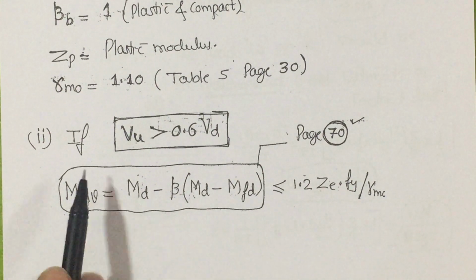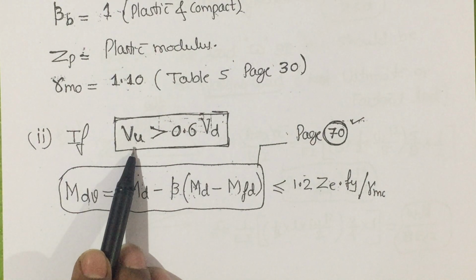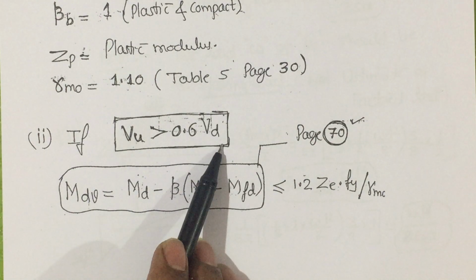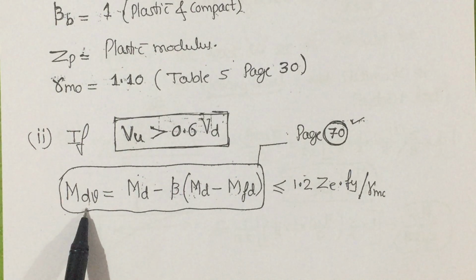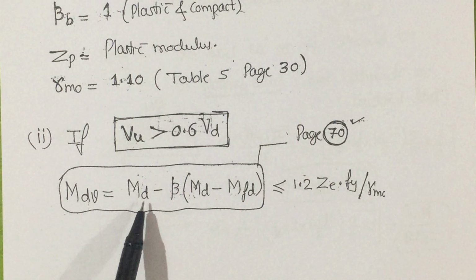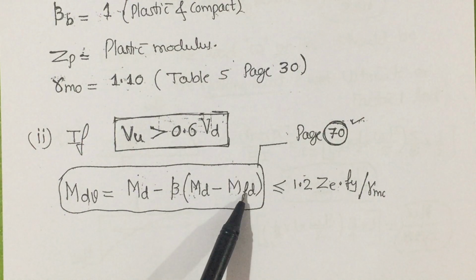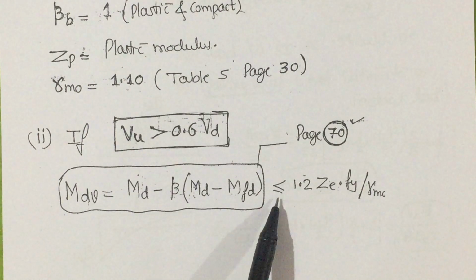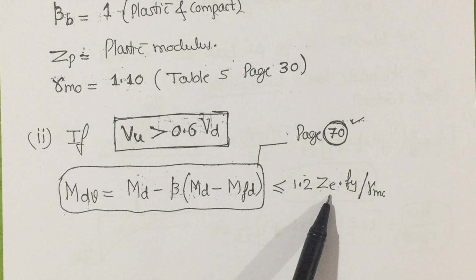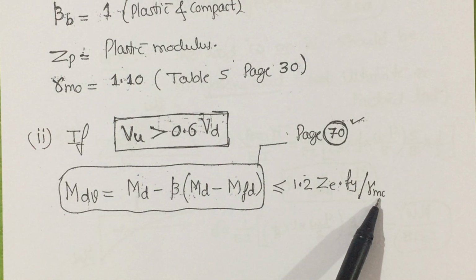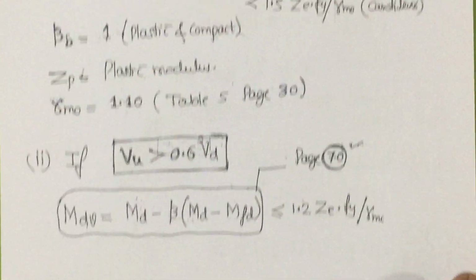Then second case, if ultimate shear Vu is greater than 0.6 Vd, then Mdv is given by Md minus beta into (Md minus Mfd), which should be less than or equal to 1.2 into Ze into Fy divided by gamma m naught. It is given in page 70.